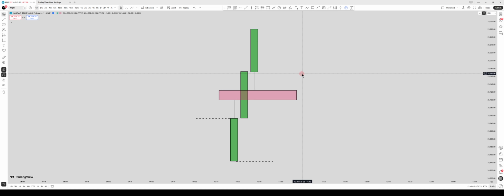But what makes it different when it comes to the suspension block is this candle in the middle. When this candle opens above here, and the third candle also opens with a volume imbalance, just like that.